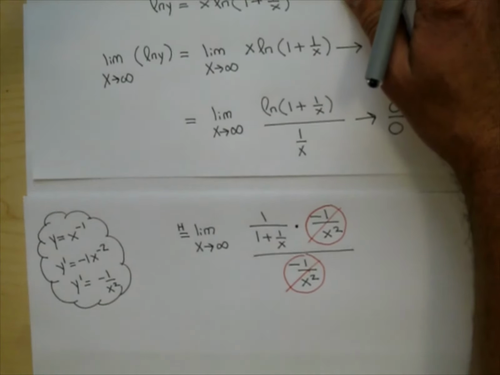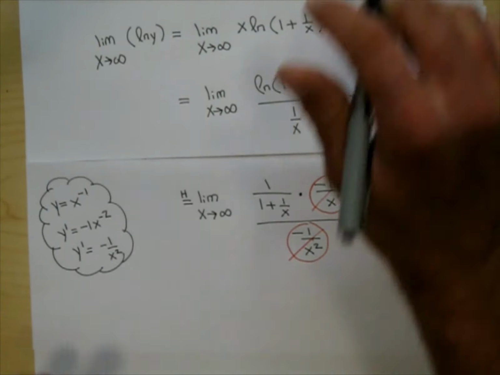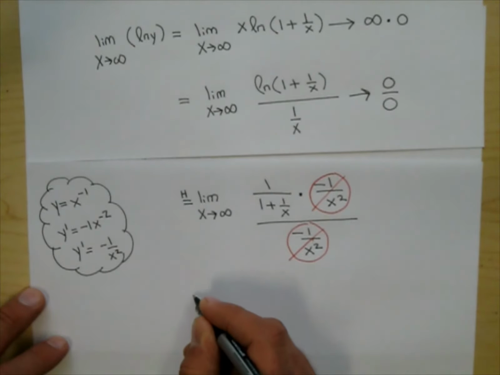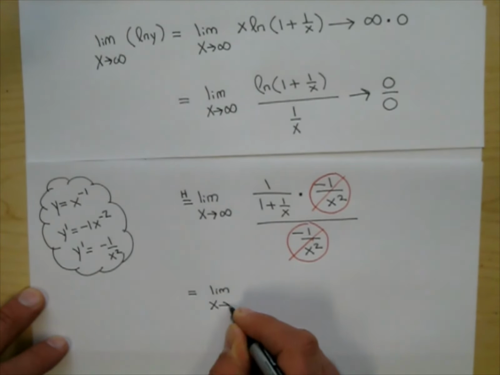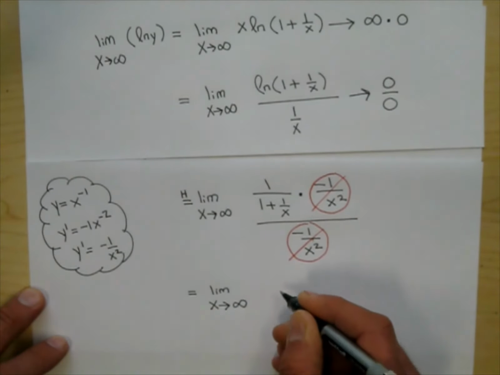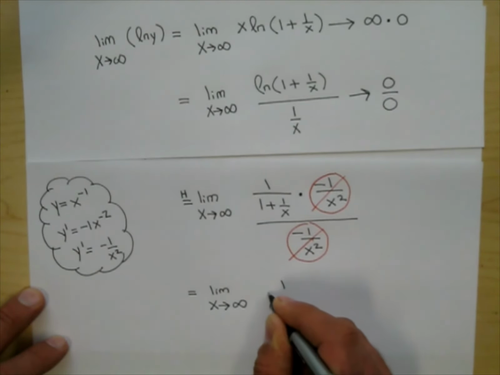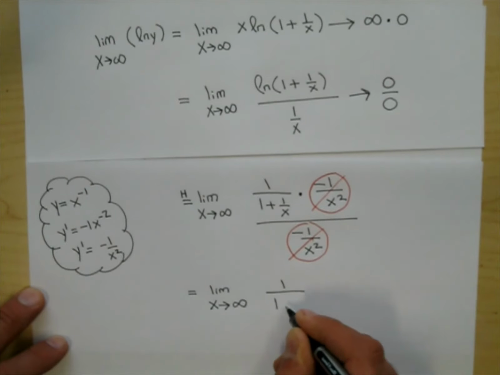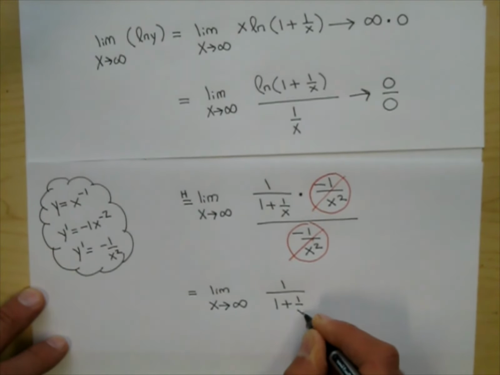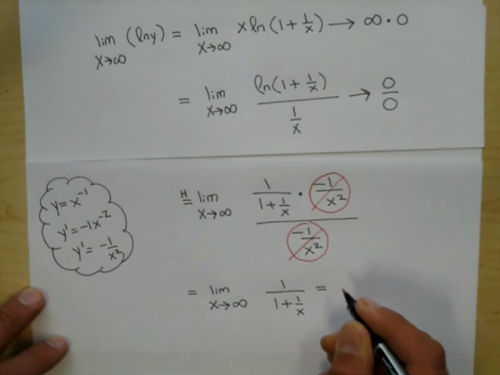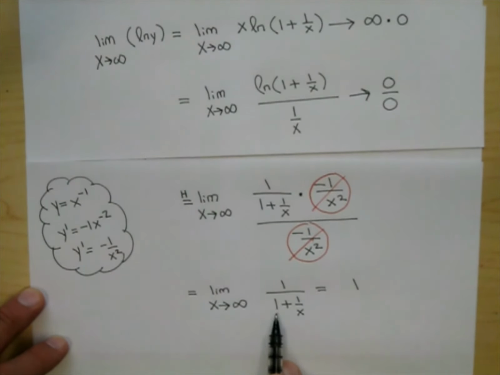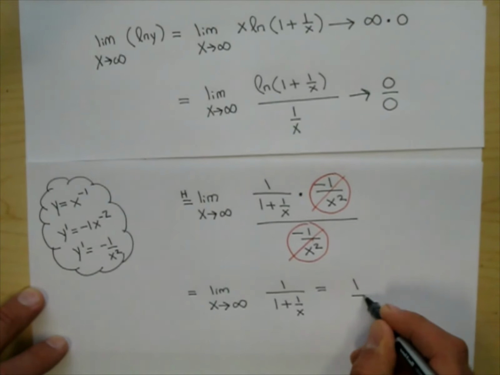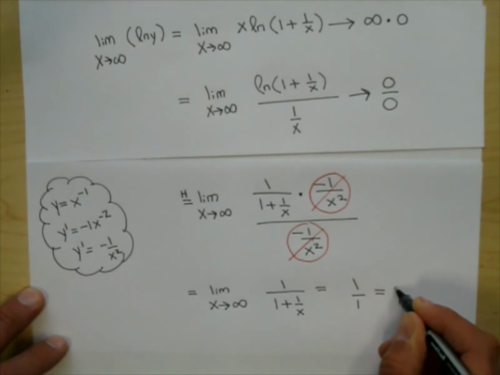So let's continue. We have the limit as x approaches infinity of just 1 over 1 plus 1 over x. So on the top you get 1, and on the bottom you get 1 plus 1 over infinity. 1 over infinity tends to go to 0, so this is 1 over 1, which is 1.